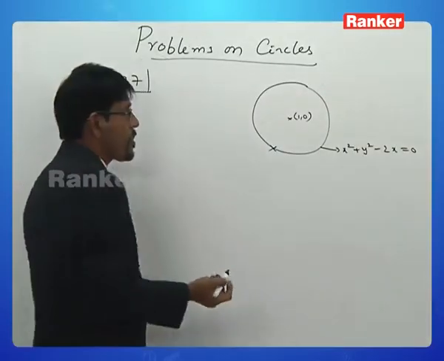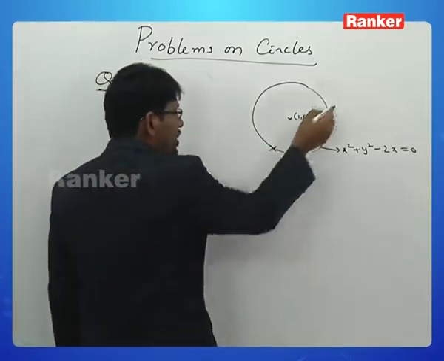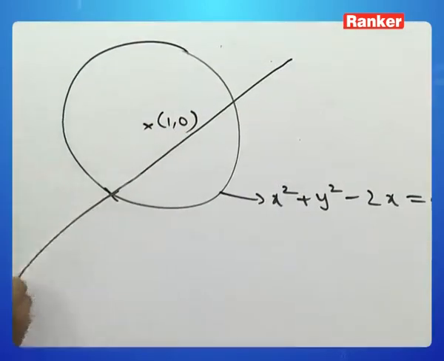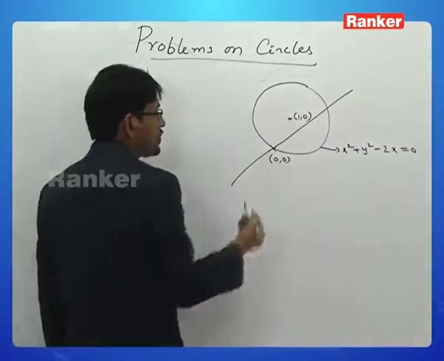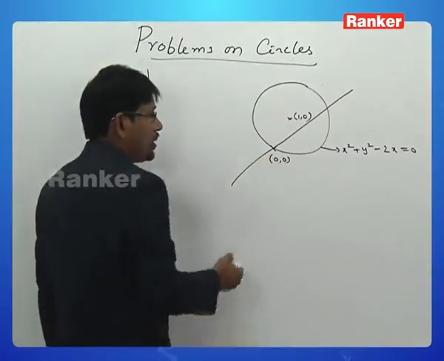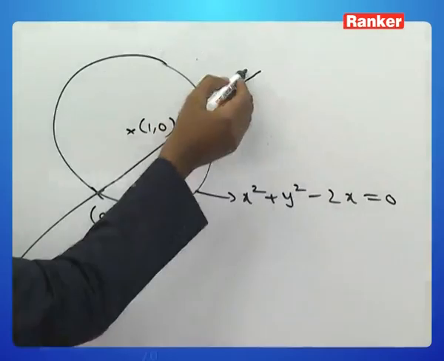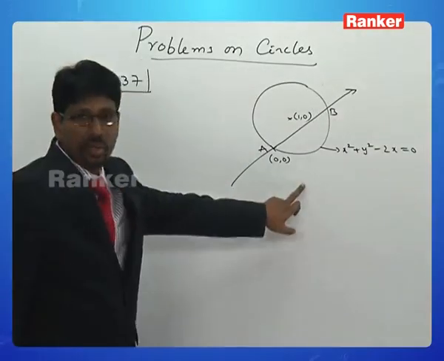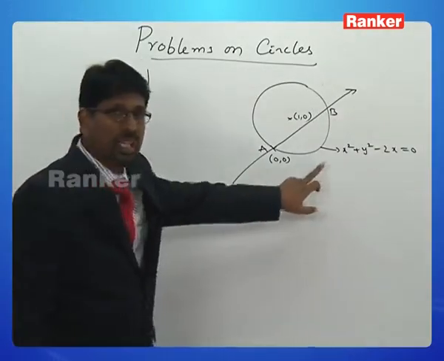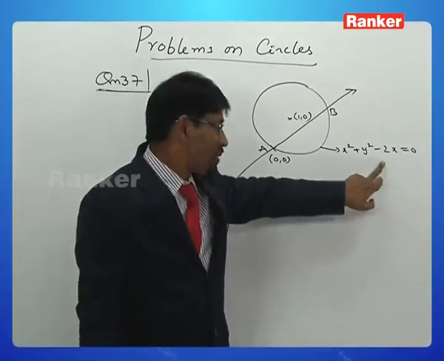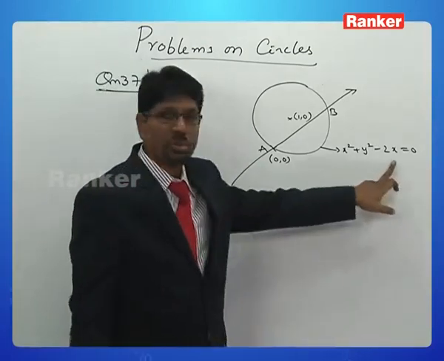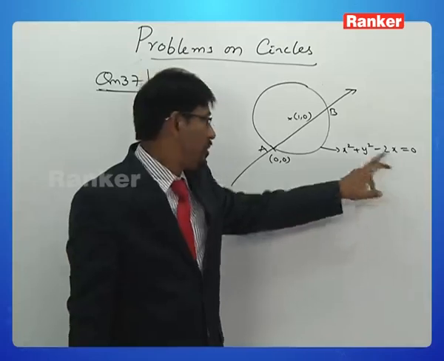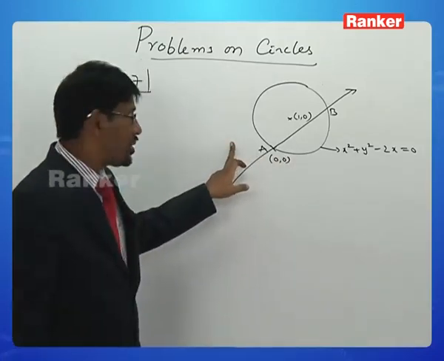Now there's a line y equal to x which is cutting it in 2 points A and B. One of the points is clearly the origin. Y equal to x passes through origin, and the circle is also clearly passing through origin. When you substitute origin, it satisfies the equation. So one of the points of intersection is origin.